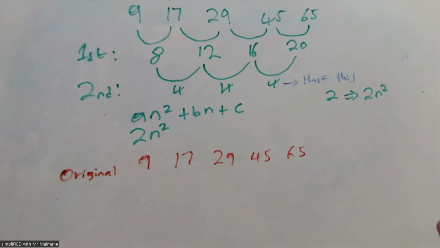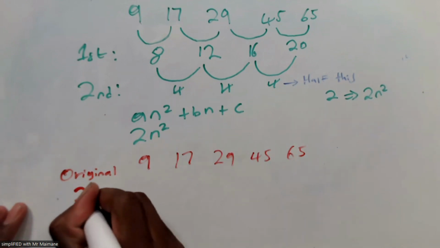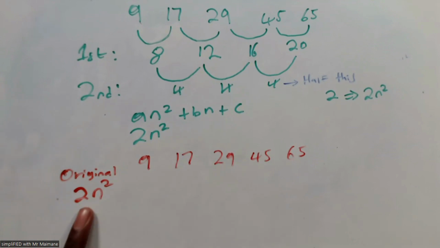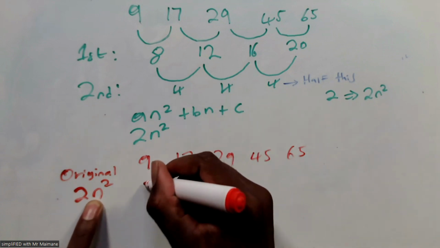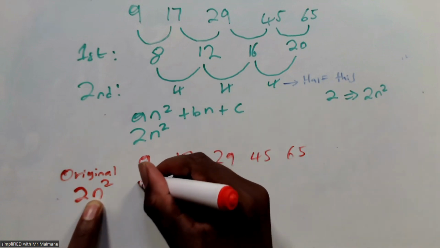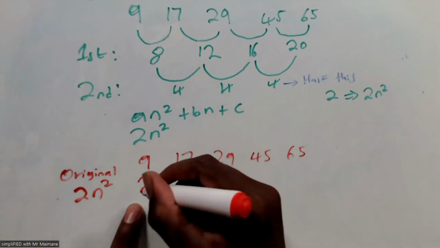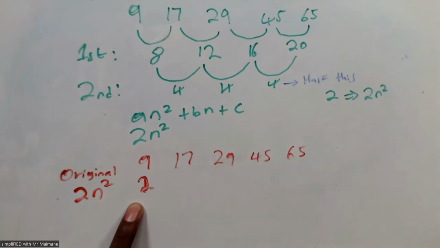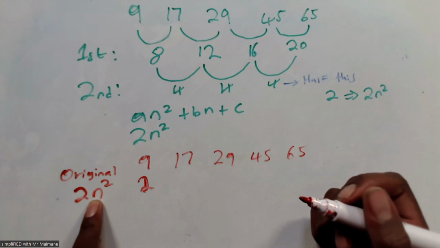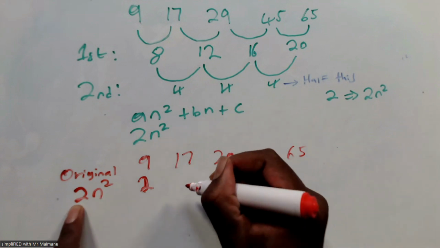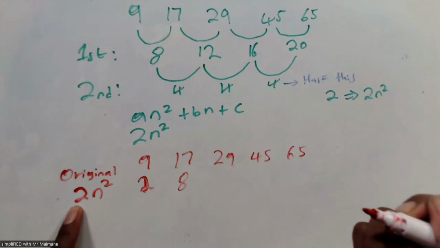After writing my original, I must determine 2n squared underneath the original. To determine 2n squared, I do it the very same way. I substitute 1 where there's n. For the first term, 1 squared times 2 is 2. For the second term, 2 squared times 2 gives me 8.